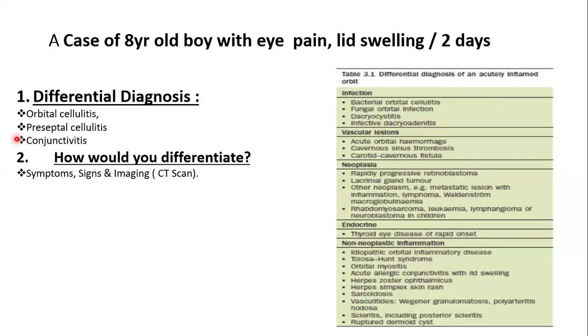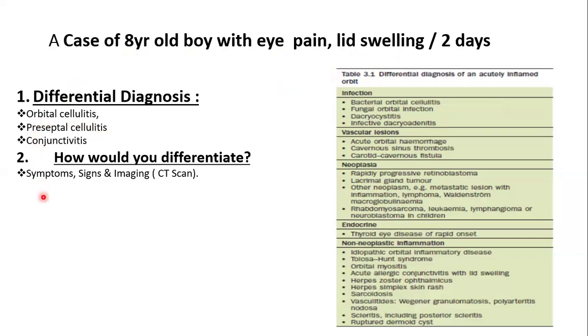And usually when you get such a scenario and the examiner wants you to discuss the infectious causes, he will ask you how to differentiate between orbital cellulitis and preseptal cellulitis. And that is one of the most important questions. So how to differentiate?